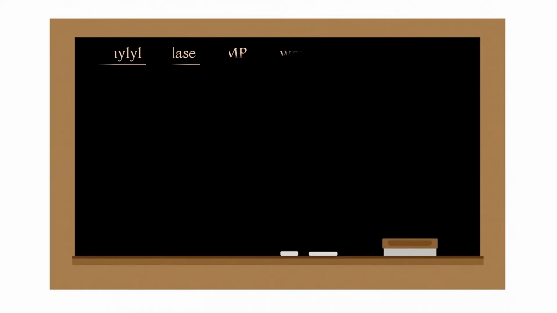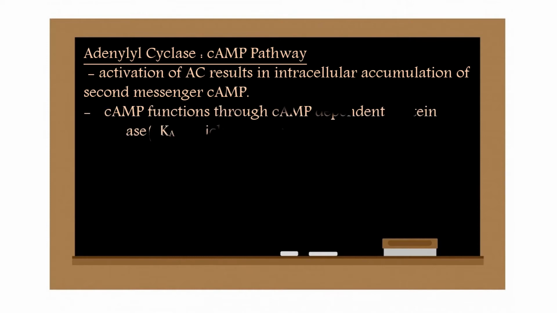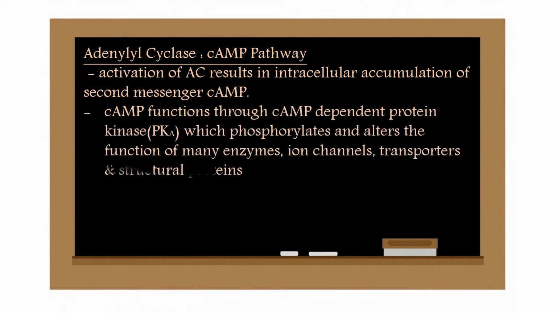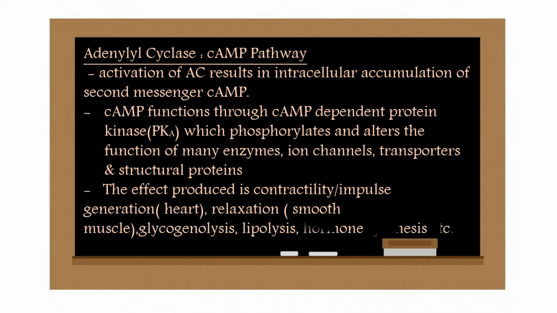Adenyl cyclase or cAMP pathway. cAMP is cyclic adenosine monophosphate. Activation of adenyl cyclase results in intracellular accumulation of the second messenger cAMP, that is cyclic adenosine monophosphate. The cAMP acts through cAMP dependent protein kinase, which is represented as PKA.